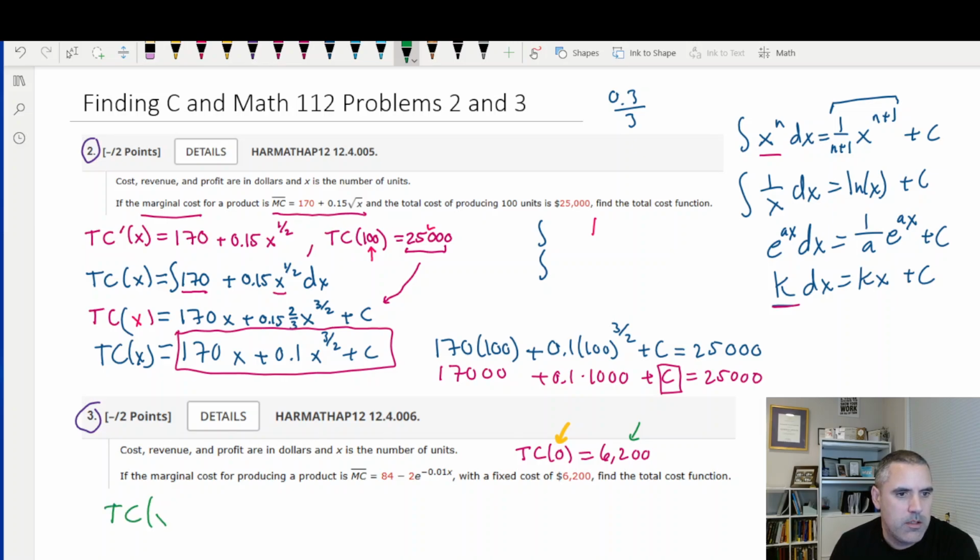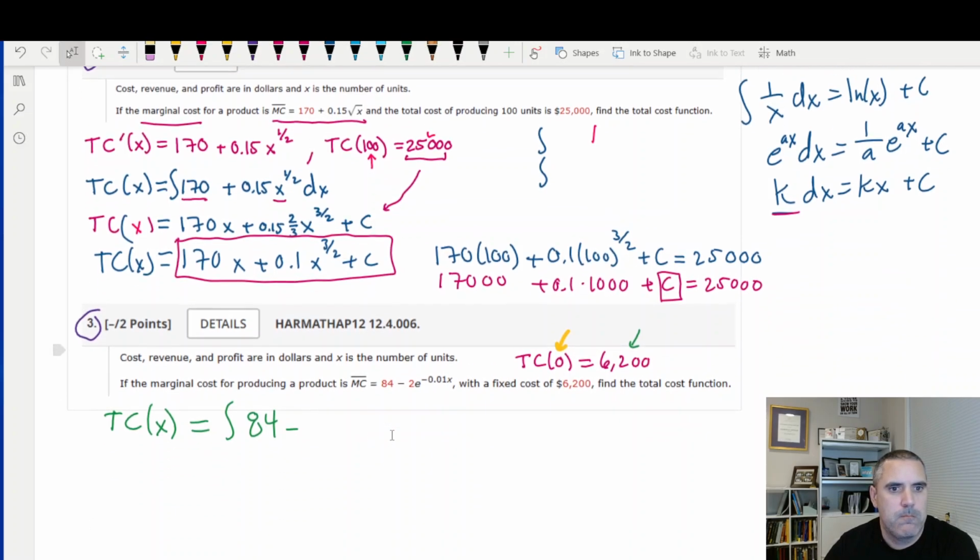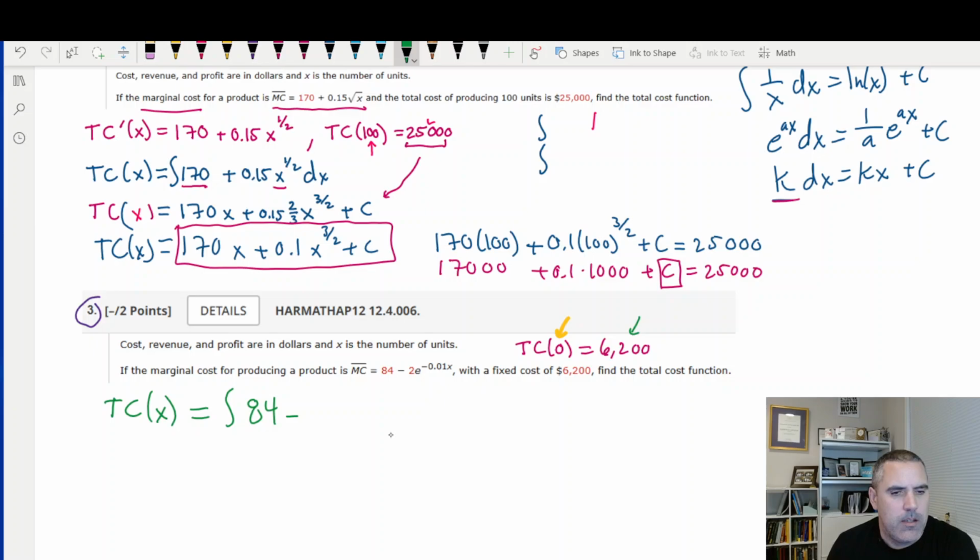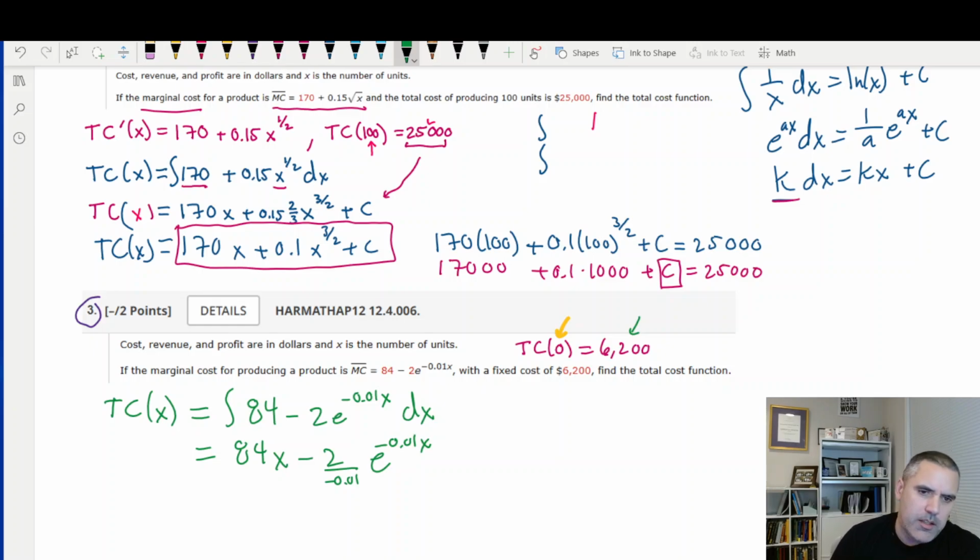So total cost is the integral of 84 minus 2e to the negative 0.01x dx. This is 84x. This is 2e to the negative. So this is our other rule right here. We're going to divide by a, which is negative 0.01, which is 1/100th. So this all ends up being 84x plus 200.